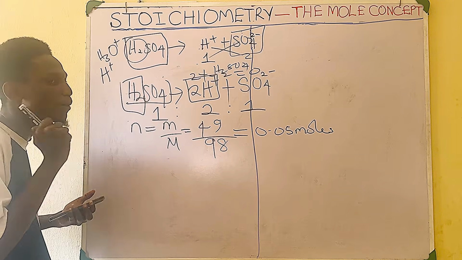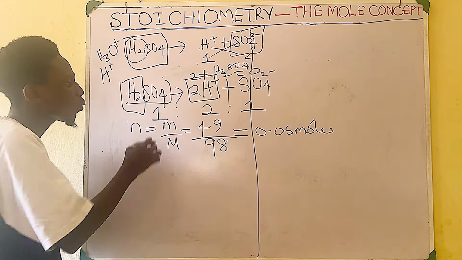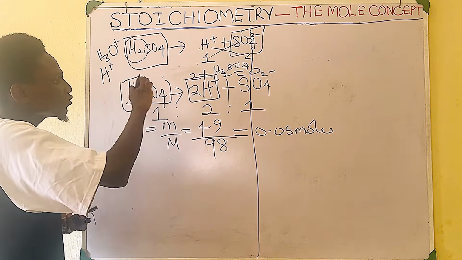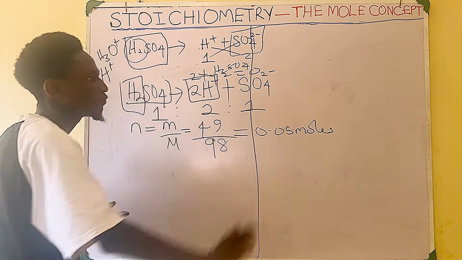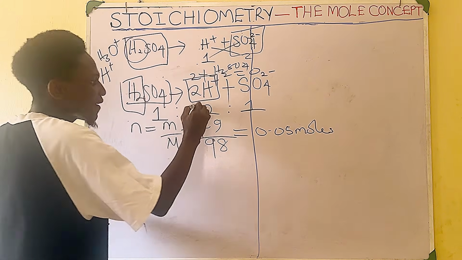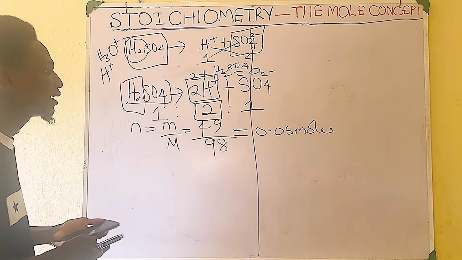We have to use the word balanced because if the equation is not balanced, we are going to fail this question. So it means that 1 mole of H2SO4 gave us 2 moles of hydrogen ions and 1 mole of sulfate ion.